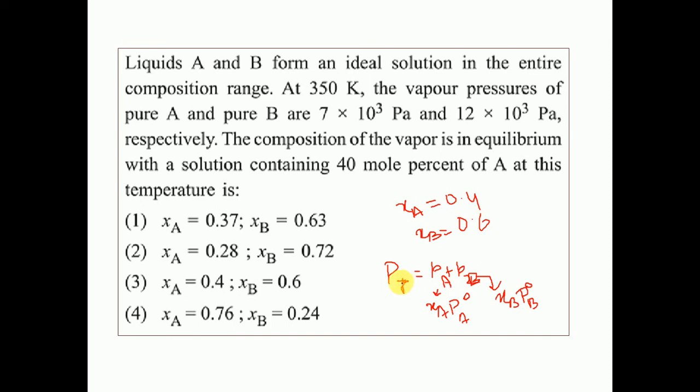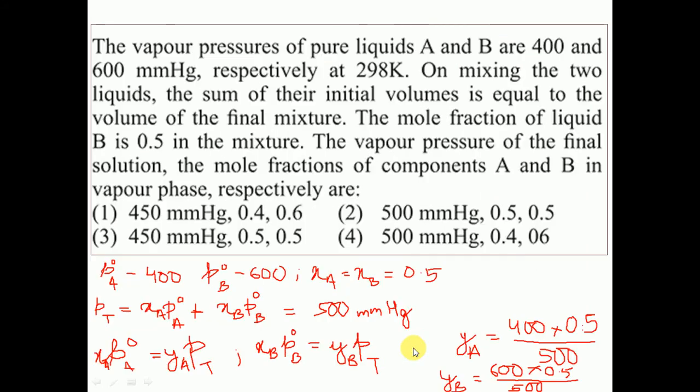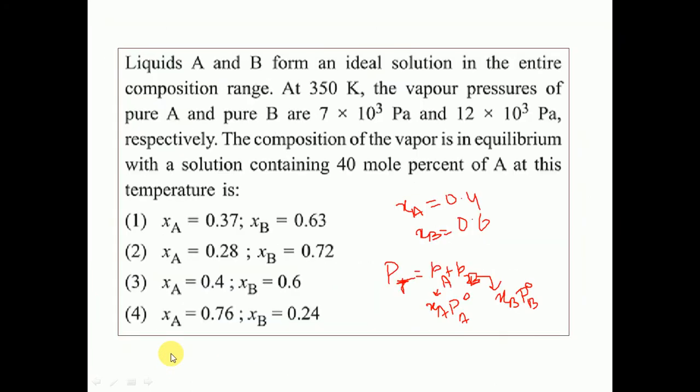Now from P total, we will take the equation which is similar to this one, that is XA P naught A is equal to YA P total, and here YA is the mole fraction in the vapor phase, right. So as the options here are given in terms of XA and XB for the vapor phase, we can change the mole fractions for the liquid phase, considering them as X dash A, X dash B.